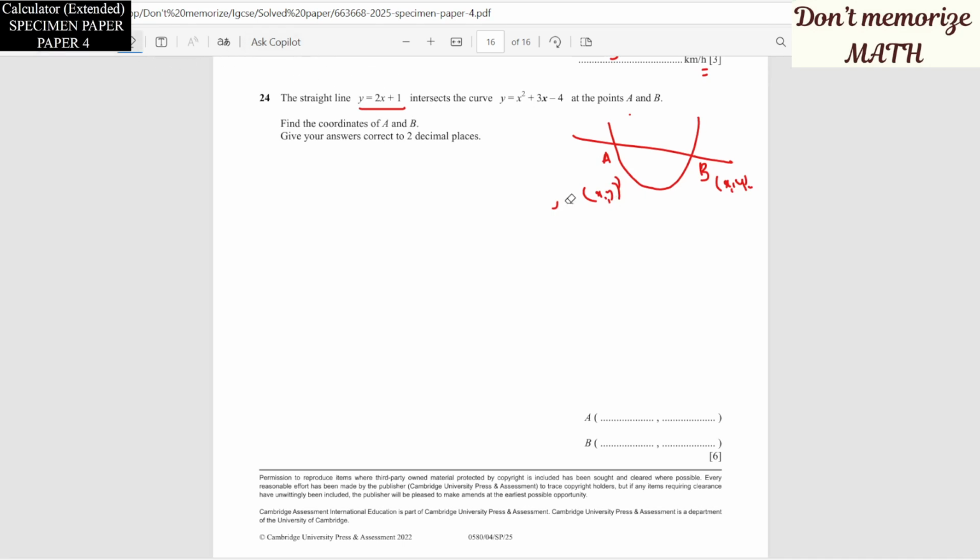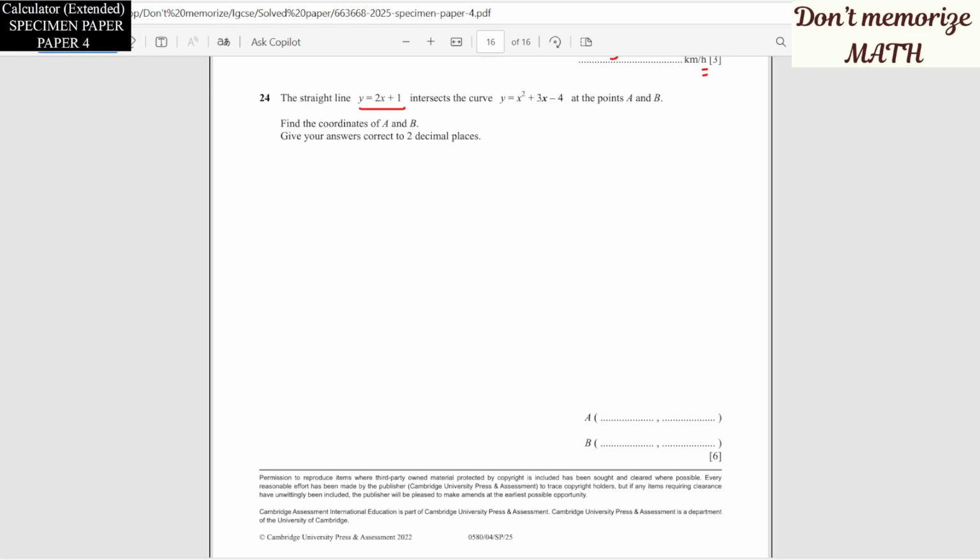When you solve these simultaneous equations, you will get the x coordinates of those 2 points. So we need to solve these two simultaneous equations.